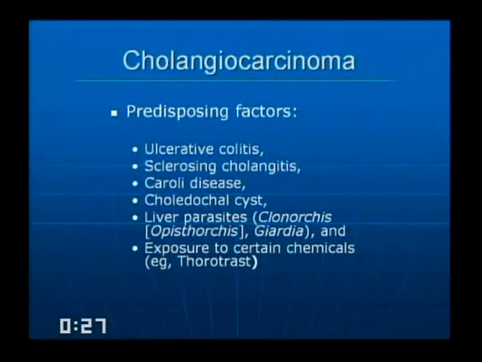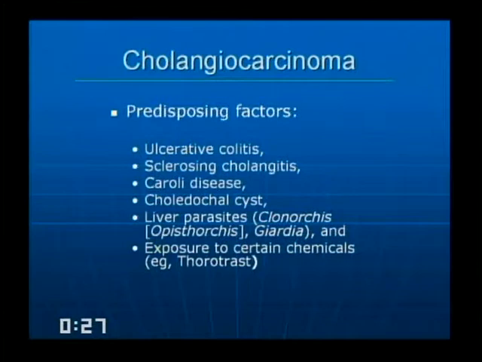There's good lymphatic and vascular anatomy in the biliary tree, including the common duct, and you get early spread of disease, even if you don't see any evidence of metastatic disease. Predisposing factors for cholangiocarcinoma: ulcerative colitis, sclerosing cholangitis, and less commonly Caroli's disease, choledochal cysts.